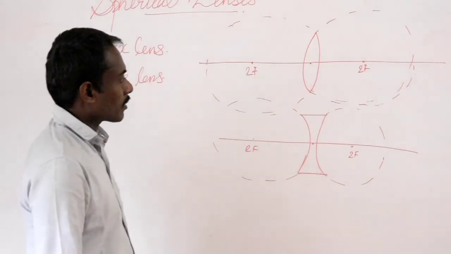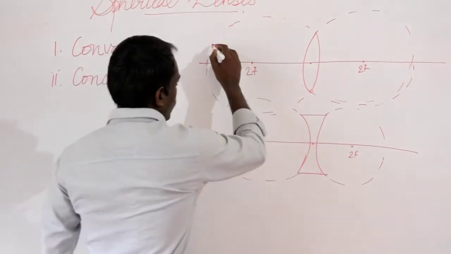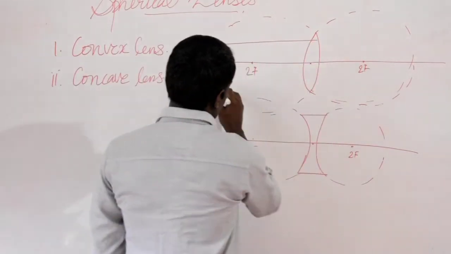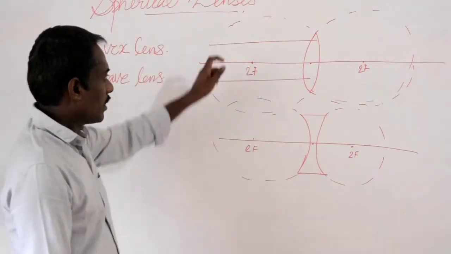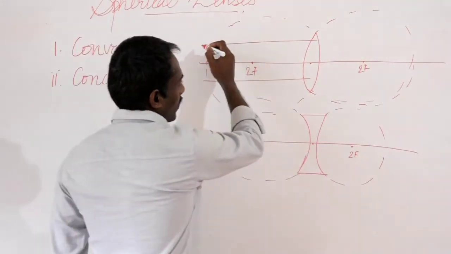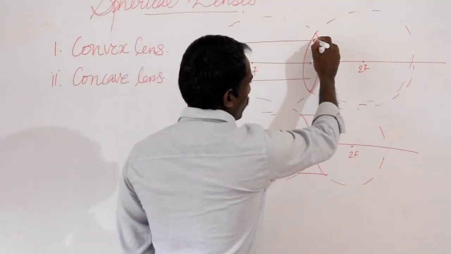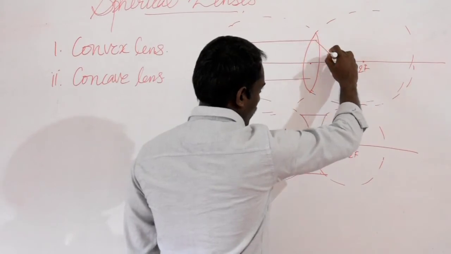Then, for a convex lens, what will happen to any ray of light which is parallel to the principal axis? When it passes through the lens, it refracts, that means it bends.